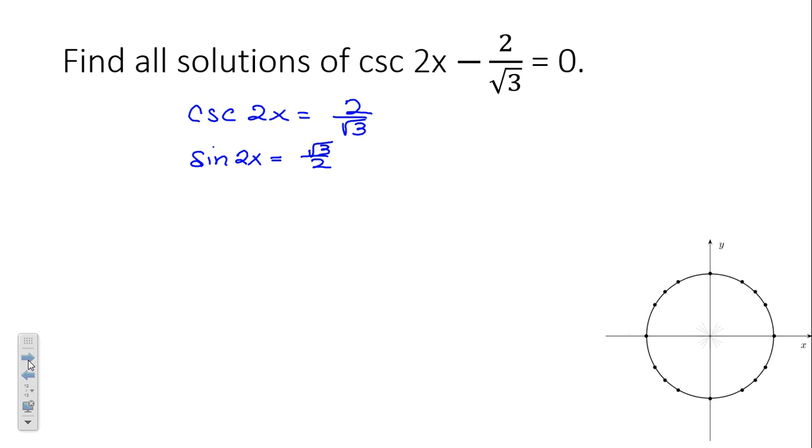Now we ask ourselves, where is the sine the square root of 3 over 2? Two pi over 3, and now we just have to divide by 2.